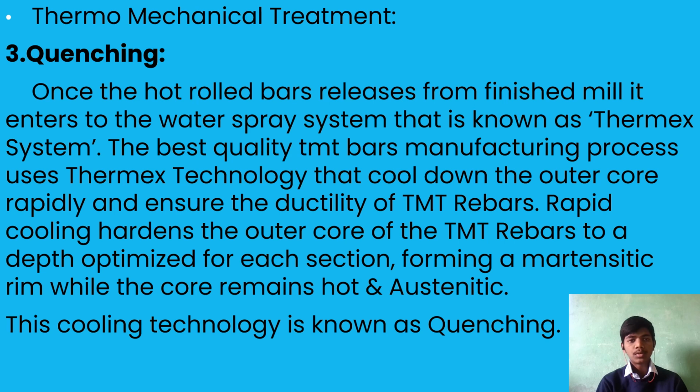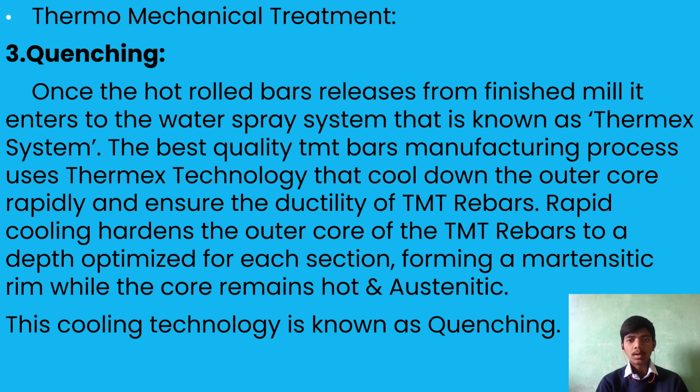Now we proceed to the last three manufacturing processes, which are the thermomechanical treatment, which contains three processes. This process helps to increase the mechanical properties of TMT steel bars. The first process is quenching. Quenching is the process used to cool the outer surface of the TMT steel bars.